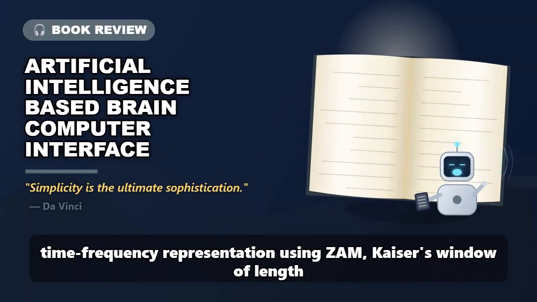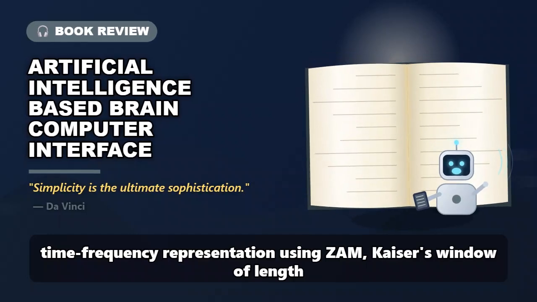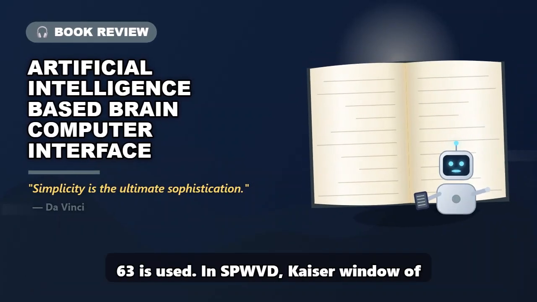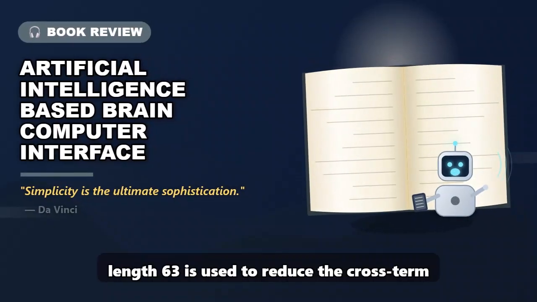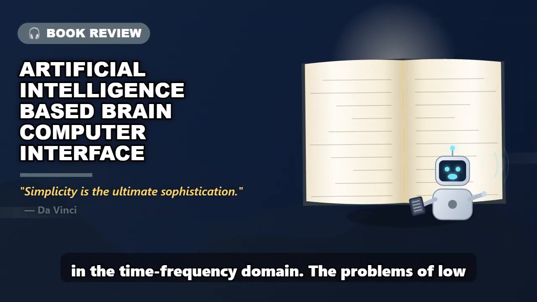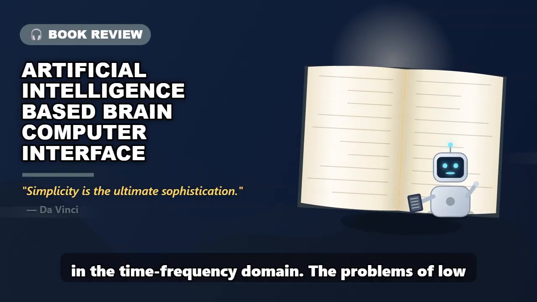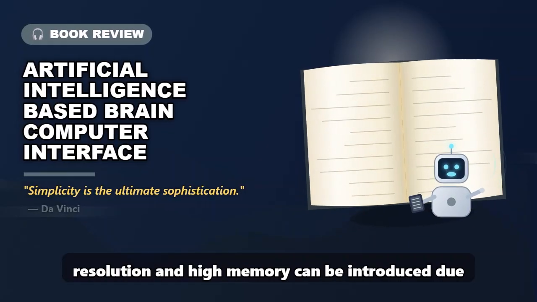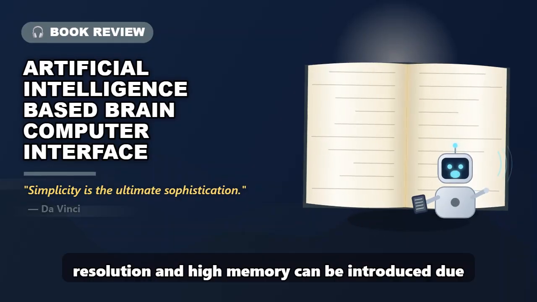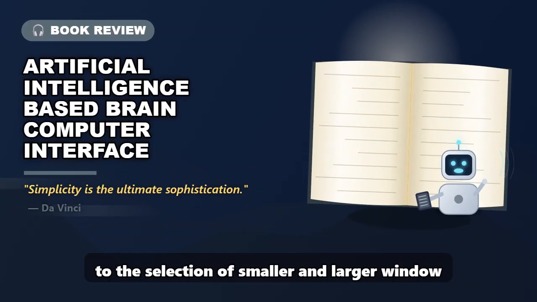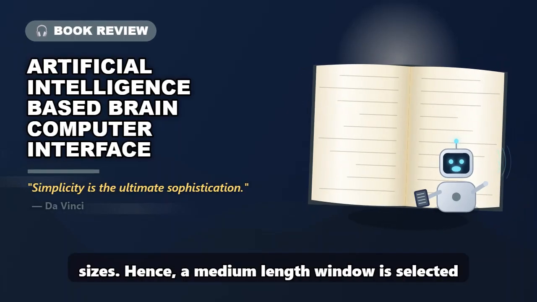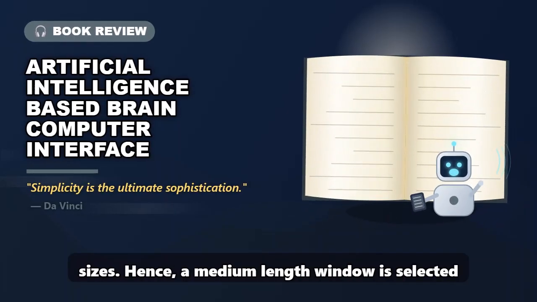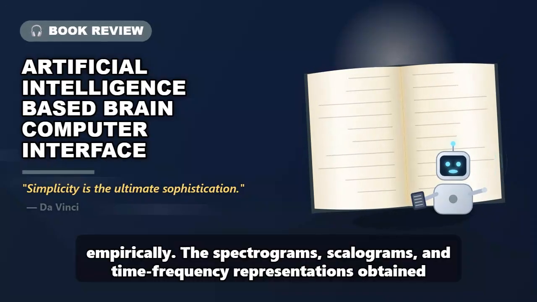To obtain the time-frequency representation using ZAM, a Kaiser window of length 63 is used. In SPWVD, a Kaiser window of length 63 is used to reduce the cross-term in the time-frequency domain. The problems of low resolution and high memory can be introduced due to the selection of smaller and larger window sizes. Hence, a medium-length window is selected empirically.